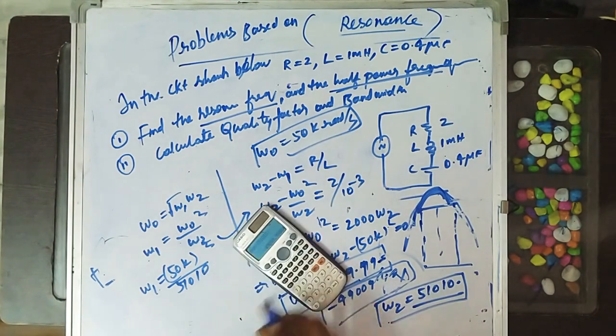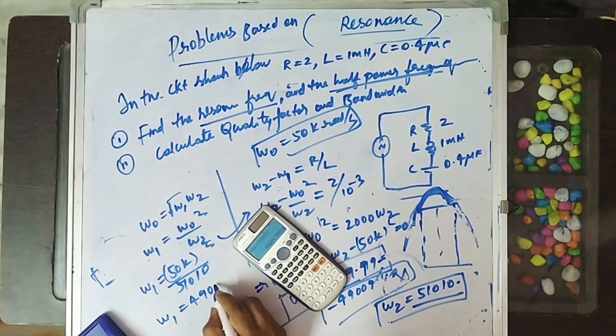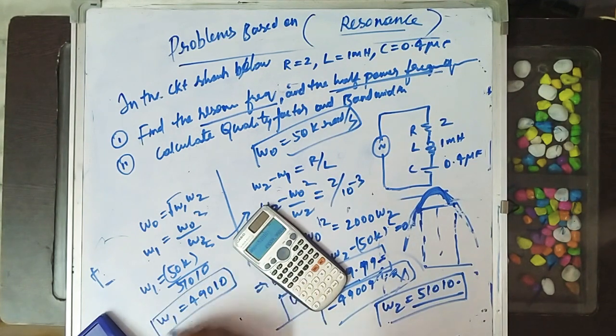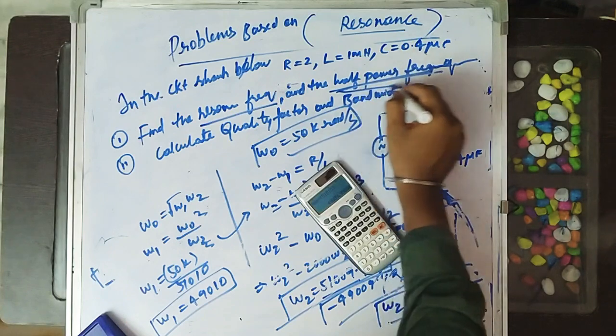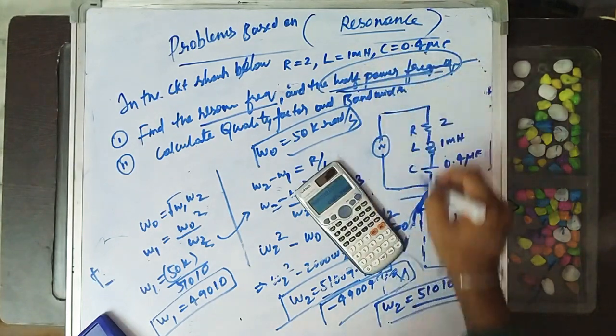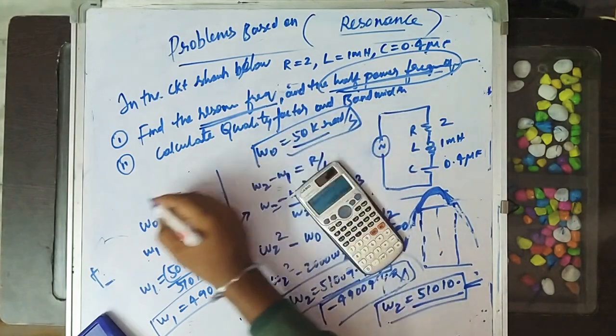You will be getting omega 1 equal to 49010. So this is omega 1 value and this is omega 2 value. So the half power frequencies you are getting are omega 1 and omega 2, and you are getting resonance frequency 50k.